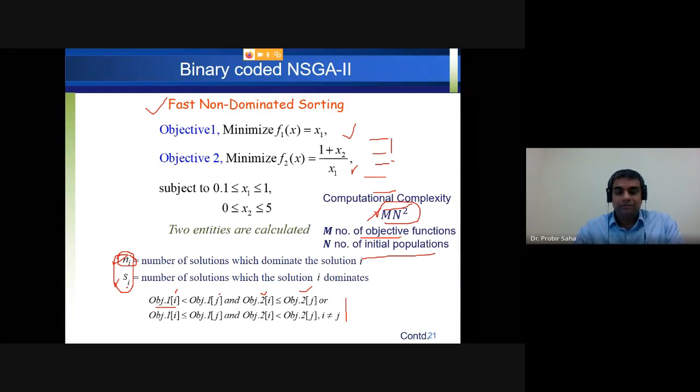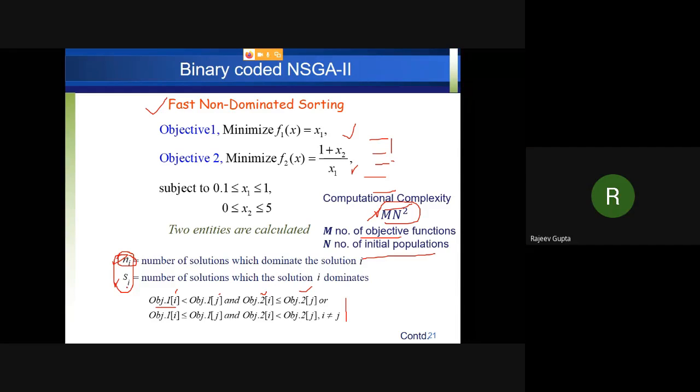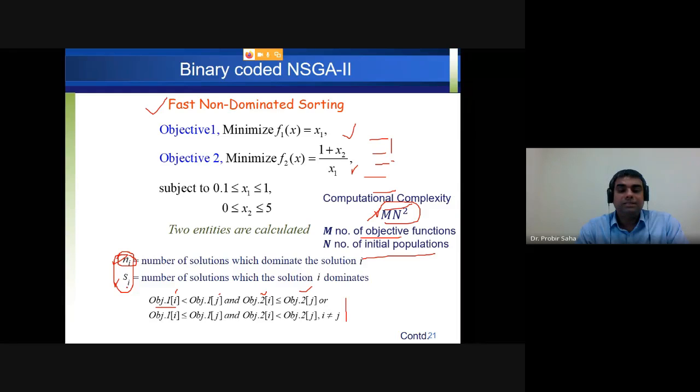It may be a local optimum solution. No, I'm not asking local and global. I'm asking that if some solutions have Ni value 0, what does it indicate? That indicates that there is no solution which dominates that solution, right?